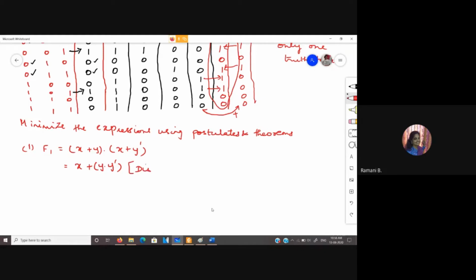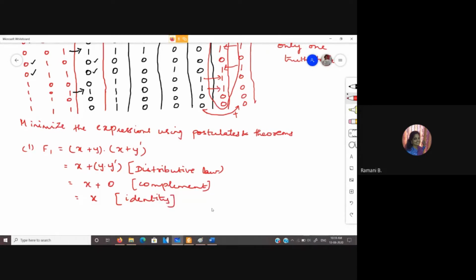This is with respect to the distributive law, that is plus over dot. And we have this to be x plus 0. This is nothing but our complement property, where we had x plus x bar is equal to 1 and x dot x bar is equal to 0. Now from this we will be having x. This is nothing but our identity element property.